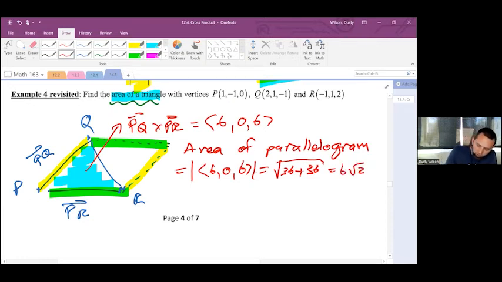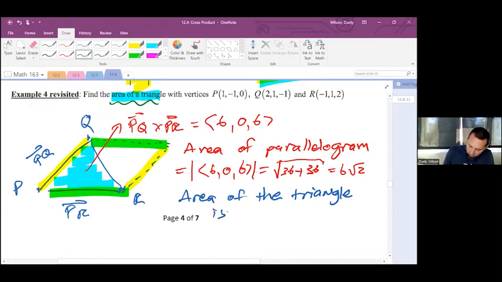And then what we want is the area of the triangle. So the area of the triangle is half this, or 3 root 2.